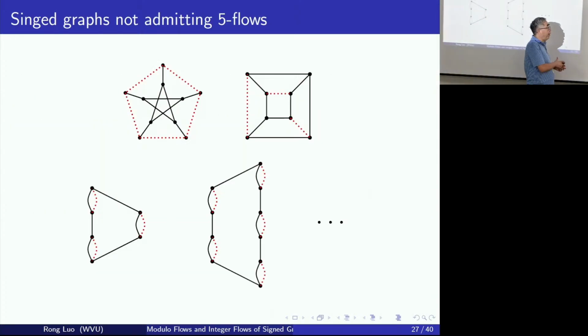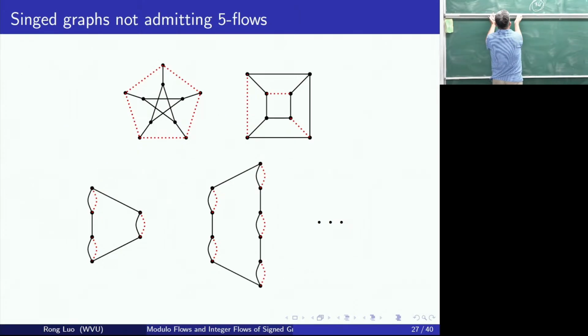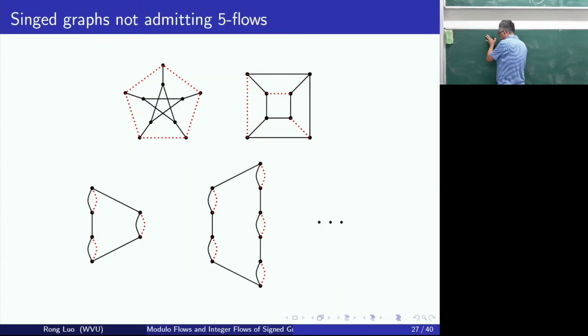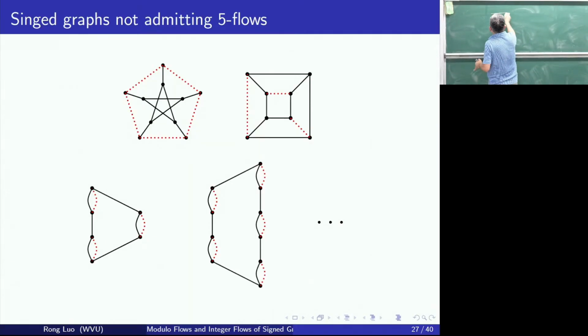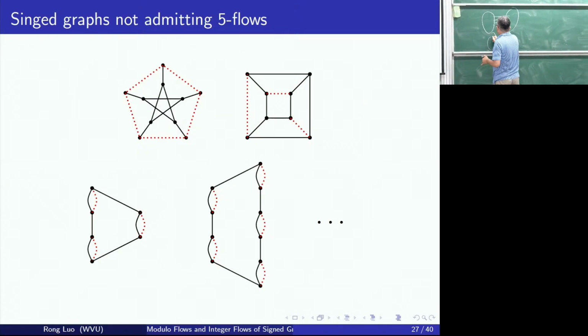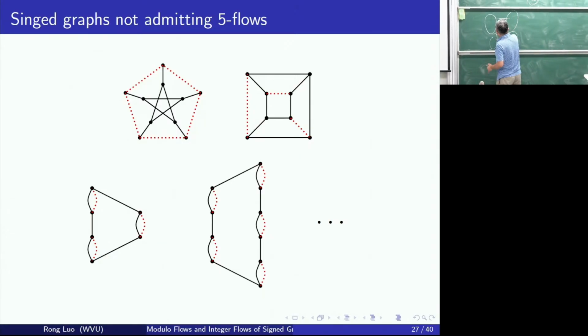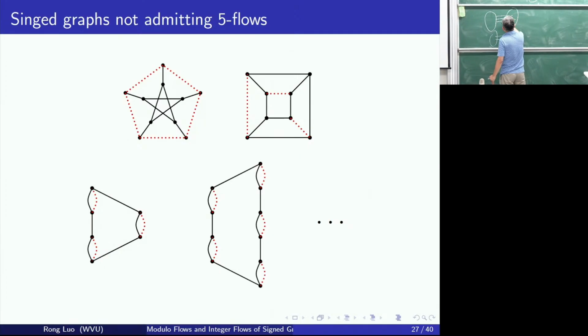And we can define 3 operations on the graphs. One operation here is on a 3-cut or 2-cut. If you have a 2-cut or 3-cut with sides G1 and G2, as long as G2 is positive or balanced.